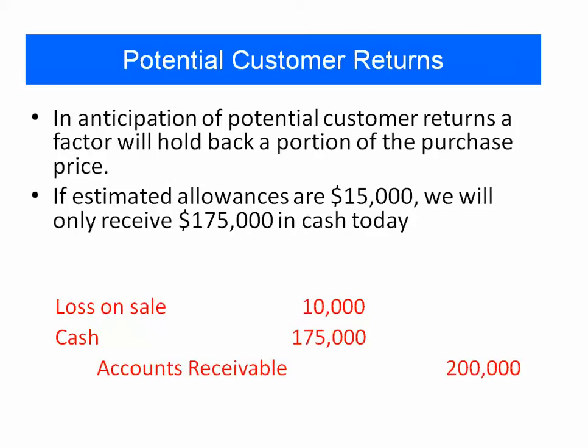And again, since debits don't equal credits, we need an additional debit of $15,000. This will be a due from factor, or a receivable on the merchant's books. And if customers don't return any merchandise, the merchant will ultimately collect that $15,000 from the factor or finance company.